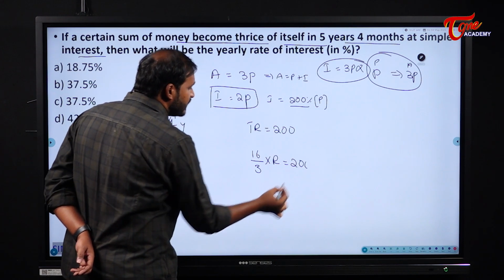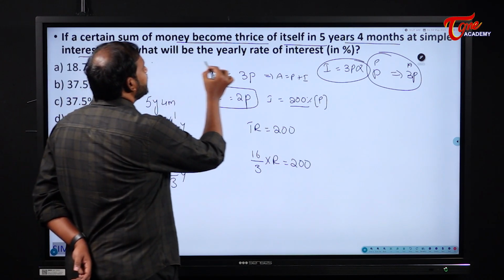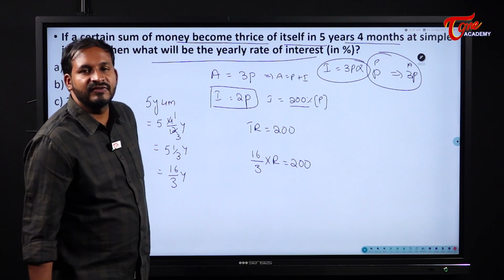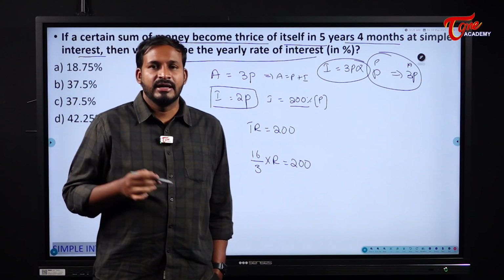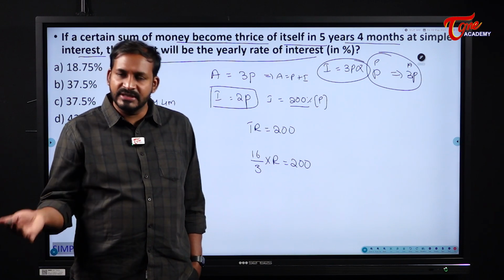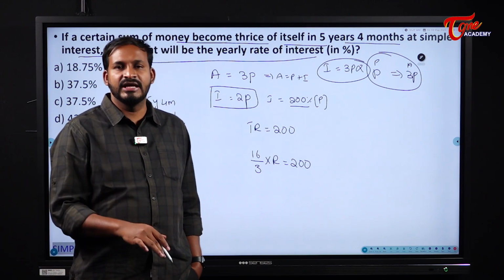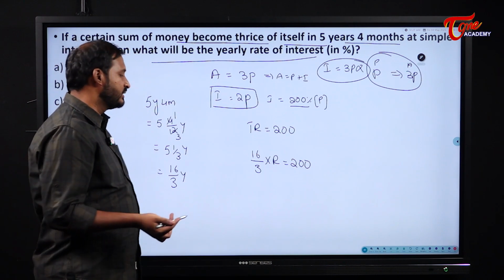200. Please observe here one thing, students. What will be the yearly rate of interest? Yearly rate of interest is nothing but rate of interest per annum. Per annum means also yearly rate of interest. Okay.